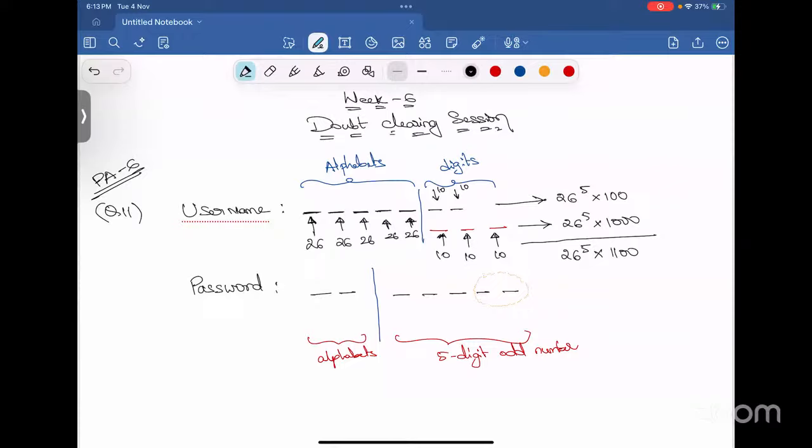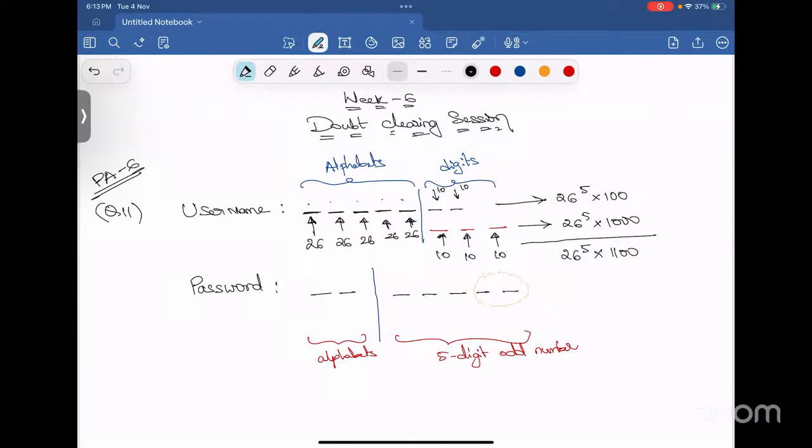Now, once this username is generated, that means we have used some alphabets here, right? So depending upon this username, the number of ways in which we can choose the password will change, because I should not use any of the username letters, right?